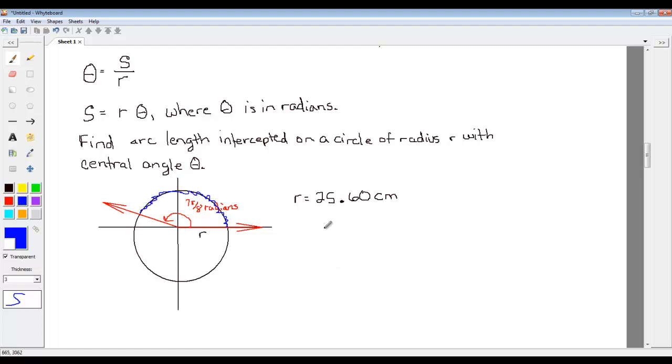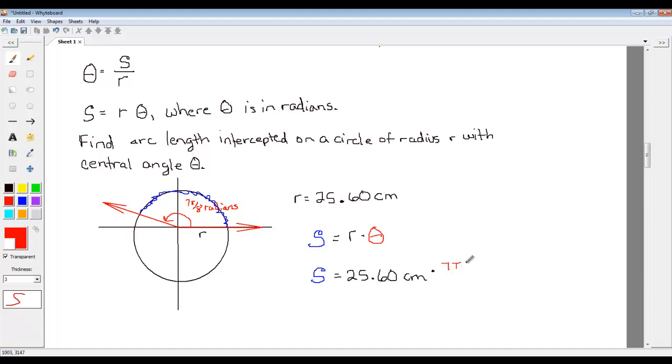So we want to find s. s is going to equal r times whatever our theta is. So in this case, finding s, the arc length, we can take the 25.60 centimeters and multiply that by theta, which is 7 pi over 8 radians.